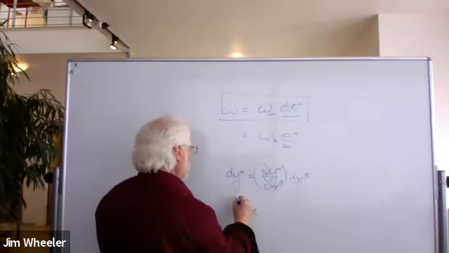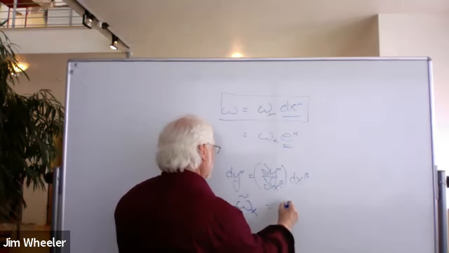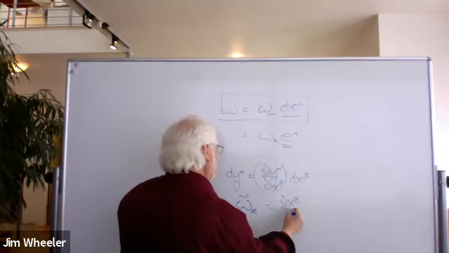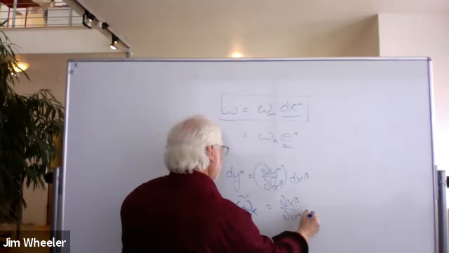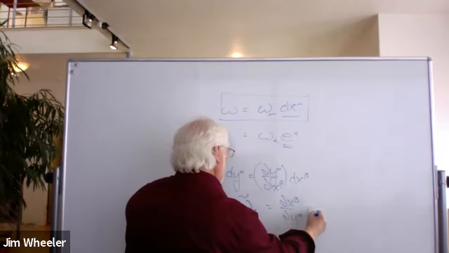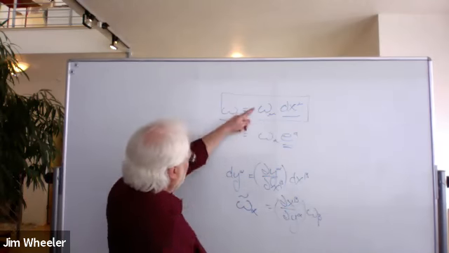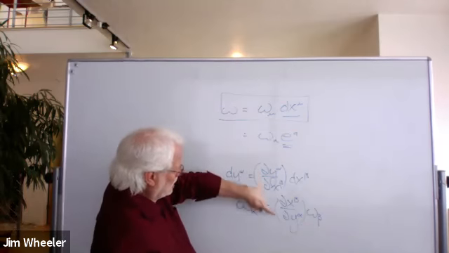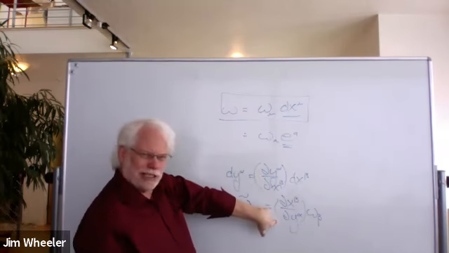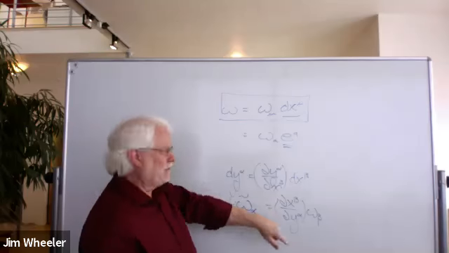So these in the y basis are going to be ∂x^β/∂y^α times ω_β. And when you put these two together, these two are inverse matrices to one another and give you the same thing.